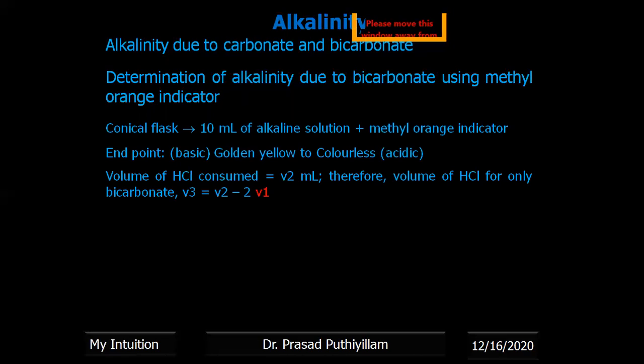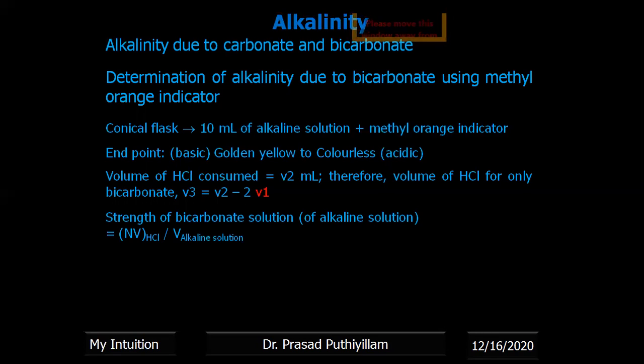The volume of HCl consumed here, the titer value, the concordant value, we took as V2 ml. Therefore, the actual volume of HCl used only for bicarbonate will be V3, that is V2 minus 2 times V1. That V1 you obtained by a separate titration done with phenolphthalein indicator. Therefore, V2 minus 2 V1 is the volume that we have to use for calculation.